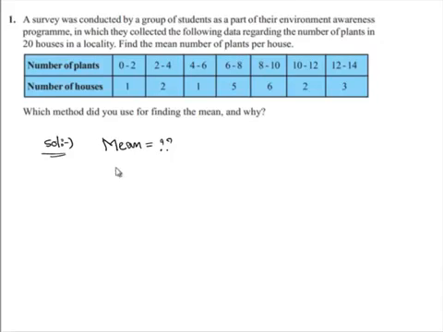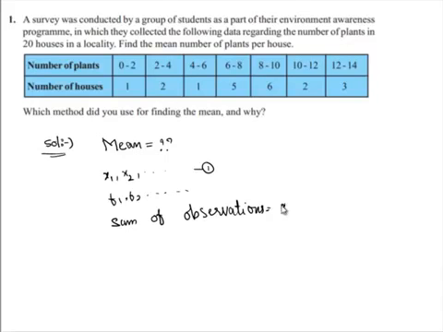Let's think: x1, x2 and so on are observations with respect to frequencies f1, f2 and so on. Hence, the sum of the values of all observations will be x1 times frequency f1 plus x2 into f2 and so on.